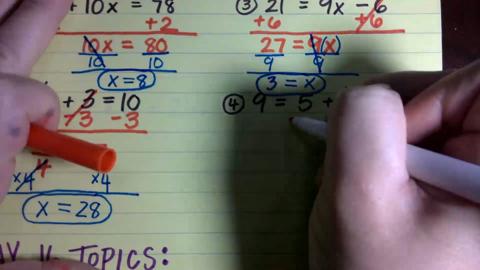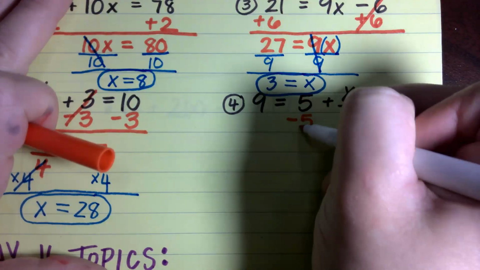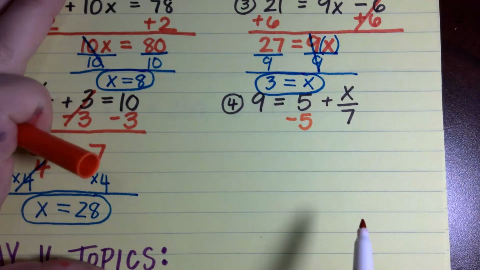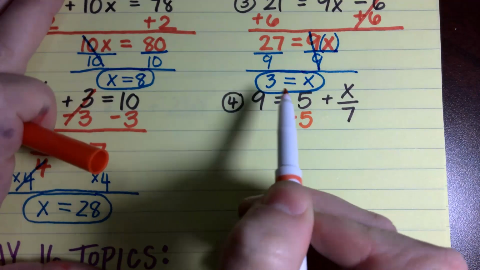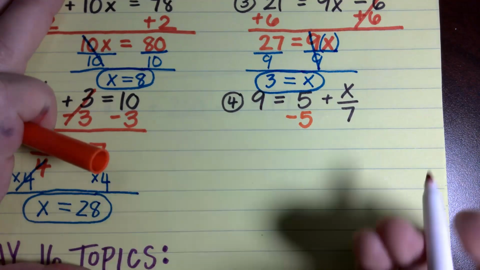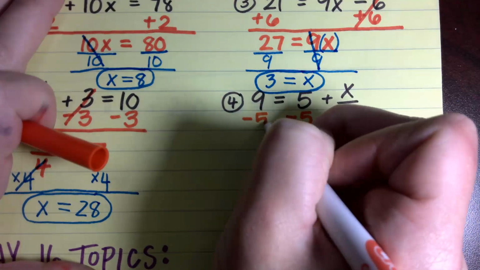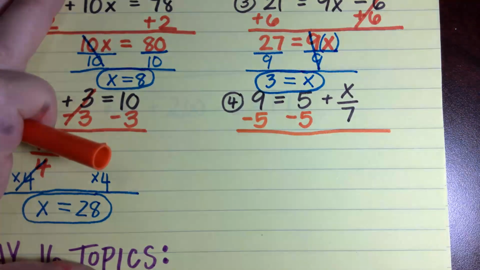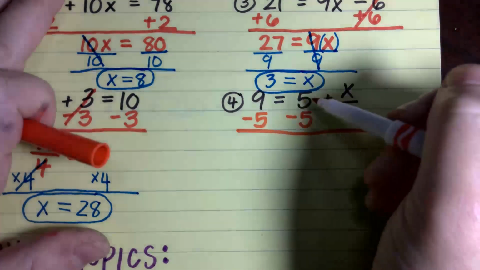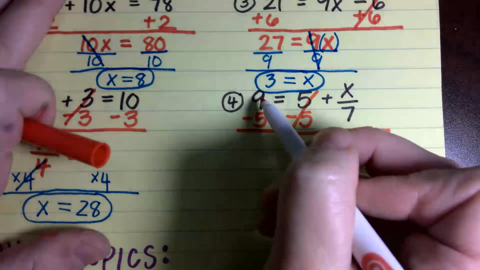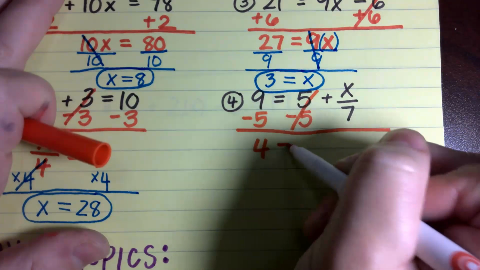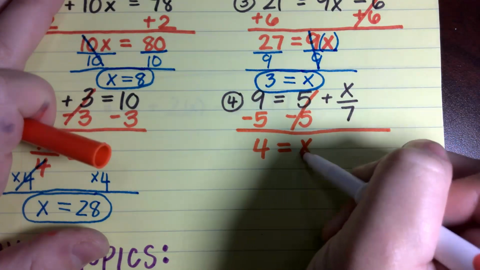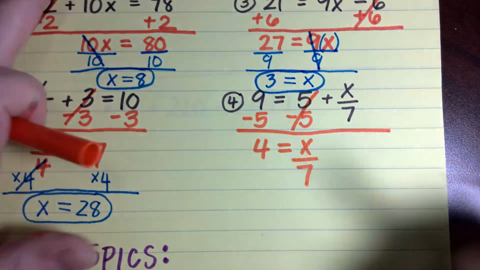So Lisa, just like what you said, we're going to do minus 5. And then where do we put our other minus 5? Under the 9. We're always going to go to the other side of the equal sign. All right, so what happens with our 5s? They cancel. We're going to cross them out. What is 9 minus 5? 4 equals x divided by 7.